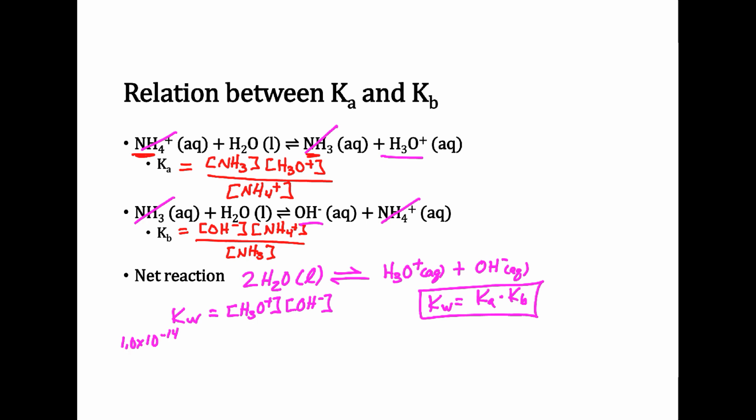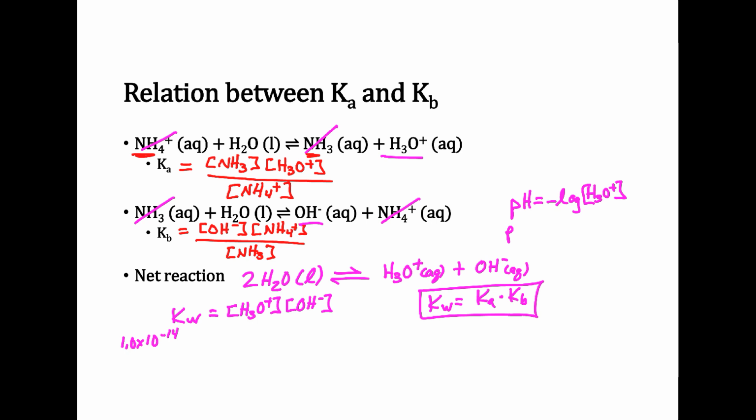But we can actually perform another operation to get another expression that will seem quite familiar at first. So recall that whenever we were looking for the pH, we took the negative log of hydronium.